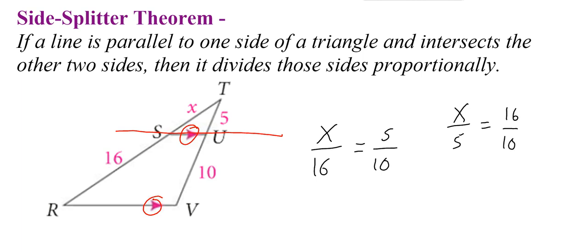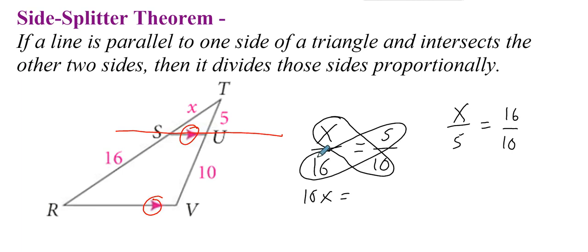Notice on both these, regardless of how you set them up, when you cross multiply, I get 10x equals 80. And if I do it over here, same thing, 10x equals 80.